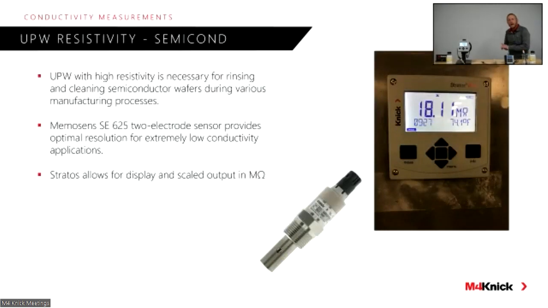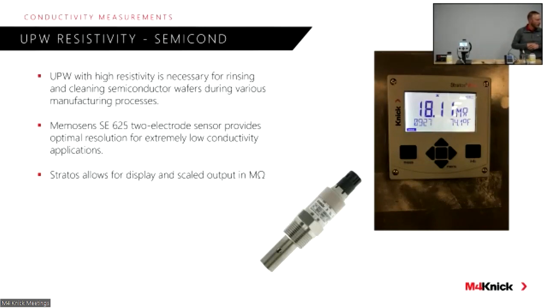The next one, I referred to it a little bit earlier, but coaxial style 2 electrode sensors play very, very well towards those low conductivity applications. This is specific to the semiconductor industry. You could see the transmitter display there is actually in resistivity, mega ohms.